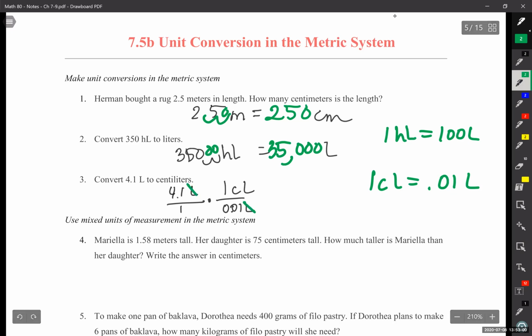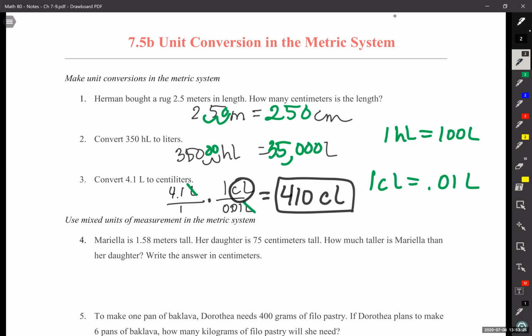This problem turned out to be division, and I get 4.1 divided by 0.01 because it's in the denominator, and that gives me an answer of 410 centiliters.